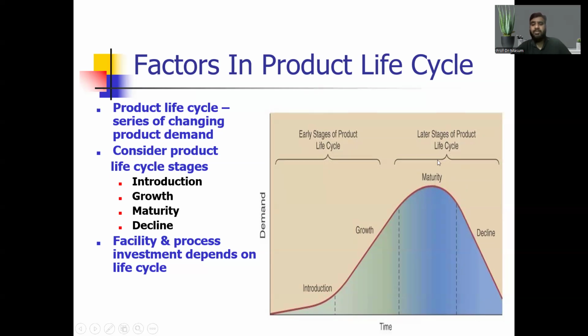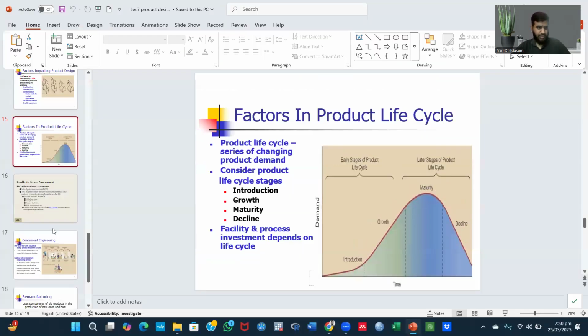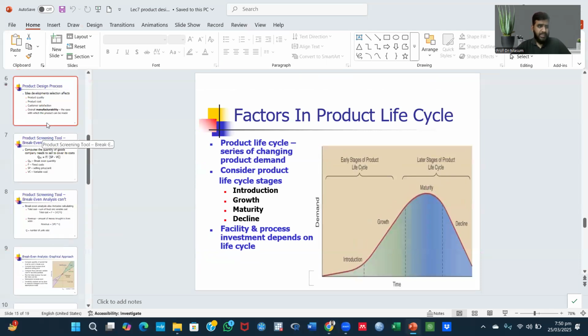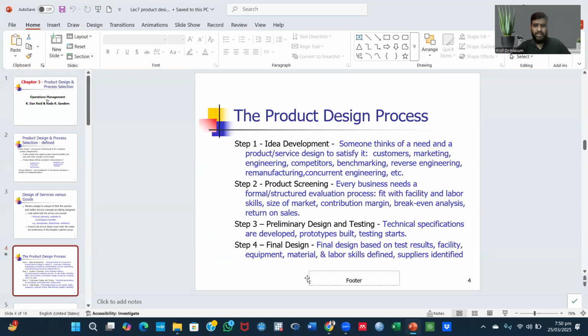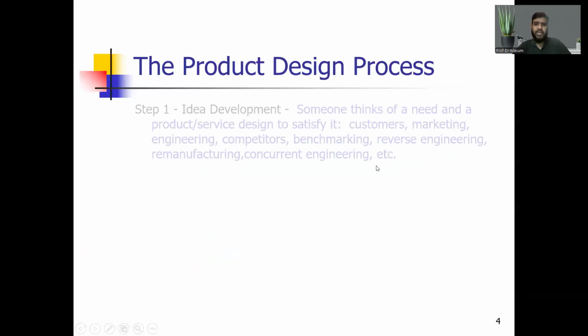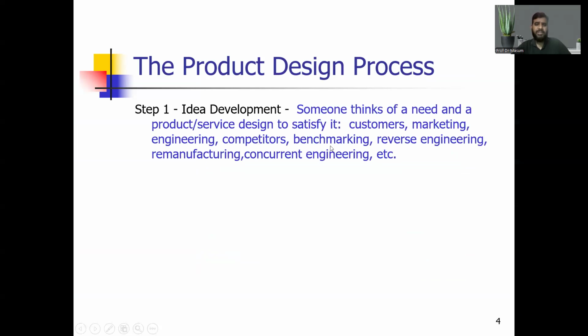So you have to think about the product life cycle, and either you will start manufacturing a new product or you will choose a product that is growing. So the competitor analysis is very important.